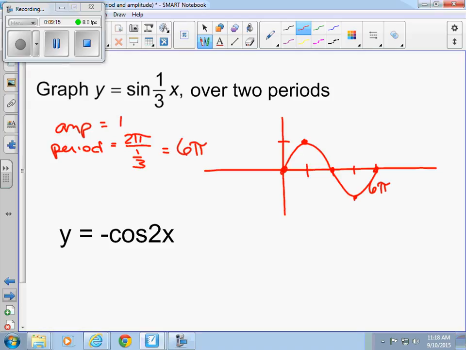So I can either go 4 more tick marks to the right or 4 tick marks back to the left. And I'm going to follow that same pattern. Yours will look a lot better on your grid paper. It's not the same width all the way across. Any questions about that one?